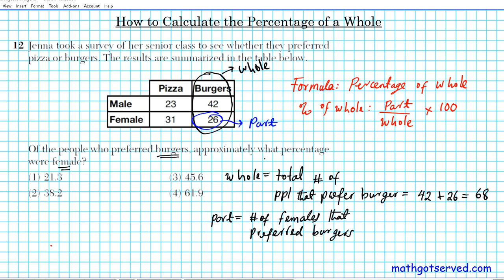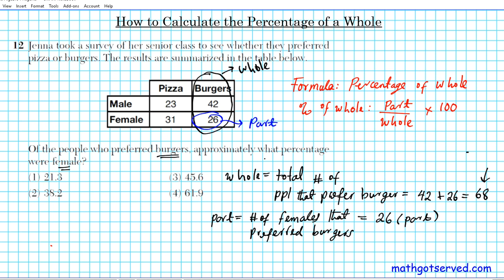So what is that value? It's 26. Alright, so this is our part, and 68 is basically our whole. So it looks like we have everything that we need to solve our problem.